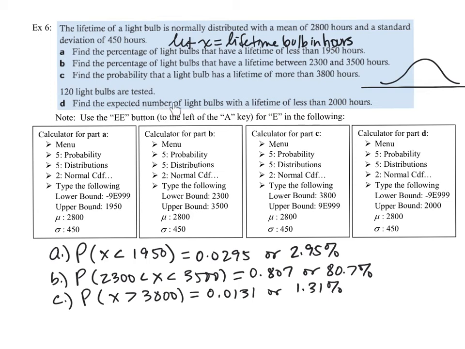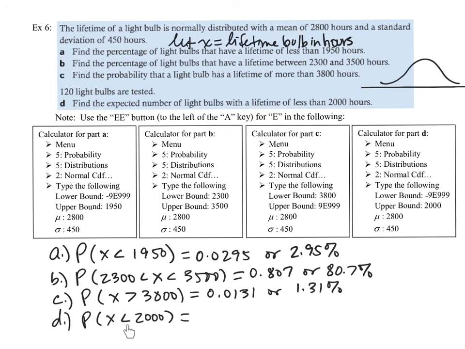Find the expected number of bulbs with a lifetime of less than 2,000 hours. So the first thing we have to do is find the probability that a bulb lasts less than 2,000 hours. Okay, so that's the probability of X being less than 2,000. So to find that probability, here's what you'll type in your calculator. Hit the menu button, then 5 for probability, 5 for distributions, 2 for a normal distribution, and then type your lower bound.